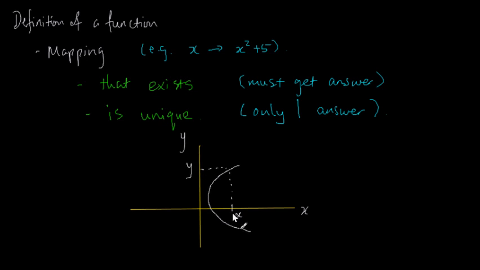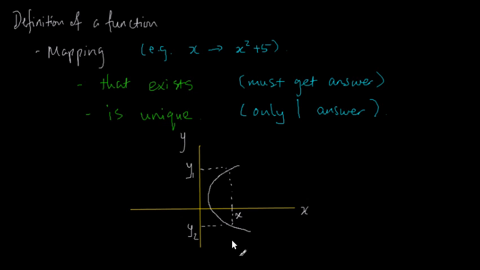It actually gives me another value of y as well. So two values, I'll call them y1 and y2. So in that sense, it's a mapping. It gives me an answer. Actually, in this case, it gives me two answers, which is fine for a mapping. Doesn't matter how many answers we get. It's still a mapping.